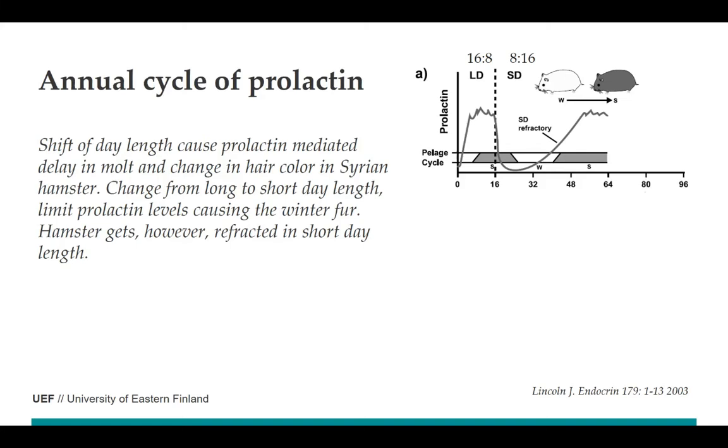But after keeping it in the short daylight, meaning winter time, there is a short daylight refractory. So the prolactin concentration starts rising again, and the fur will turn again to the winter mode.